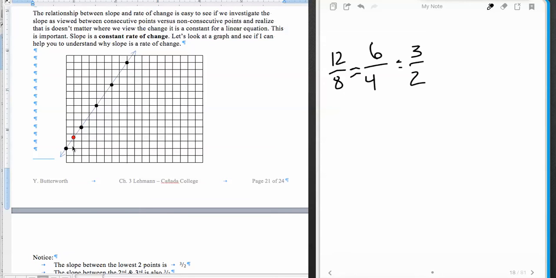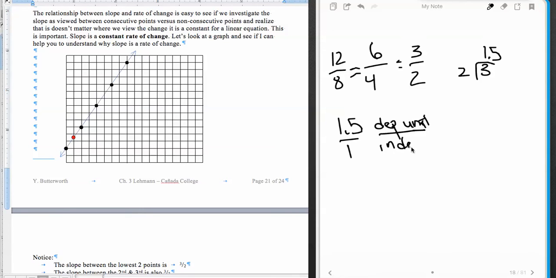Now, the way that relates to the idea of a rate of change is that instead of representing this as 3 halves, we're going to turn it into a decimal. So 3 divided by 2 is 1.5. So what we have here is 1.5 dependent units for 1 single independent unit.